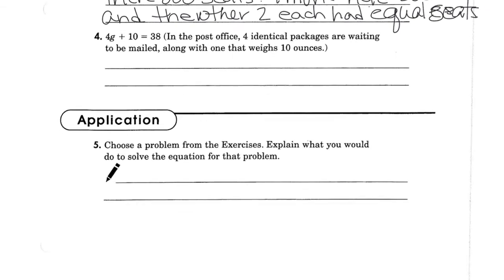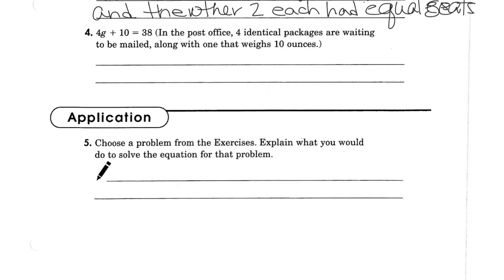So your assignment is to write a problem that goes with problem number 4. Down here, it says choose a problem from the exercise. Explain what you would do to solve the equation for that problem. You need to solve the equation, and that would tell me how you did it.